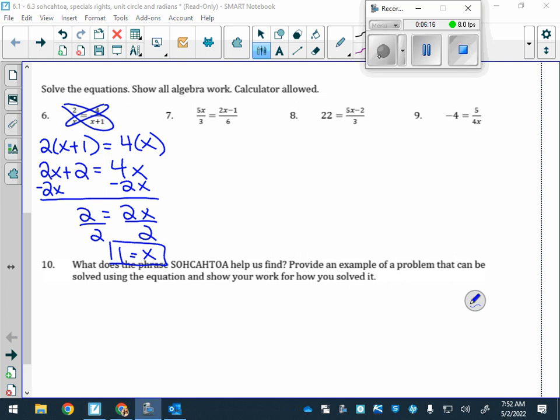All right. For number 7, Tyler, what do we have? So when we cross multiply, 3 times 2x minus 1 equals 6 times 5x. We distribute.